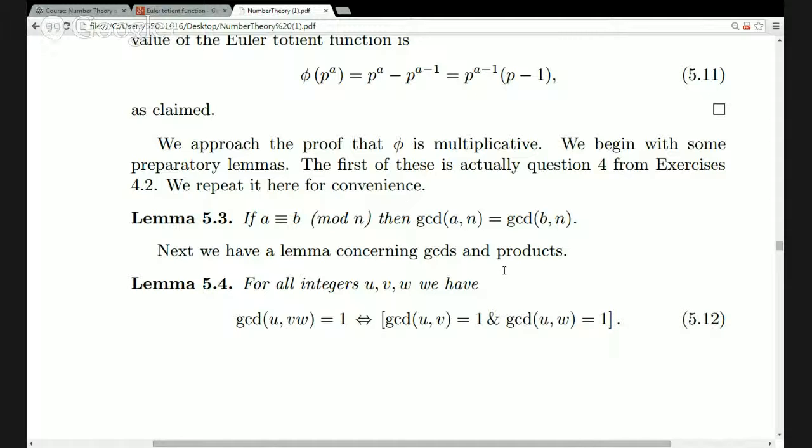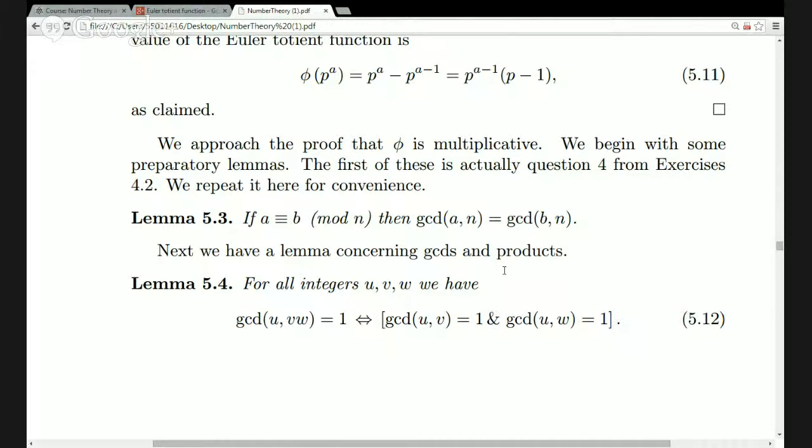Well, this result is saying that's equivalent to u being co-prime to v and u being co-prime to w. So something is co-prime to a product if and only if it's co-prime to both of the factors.